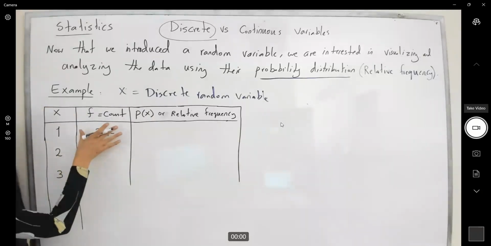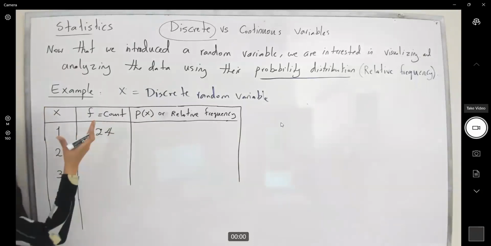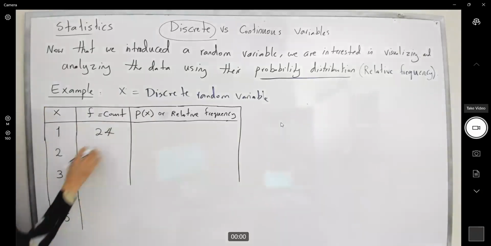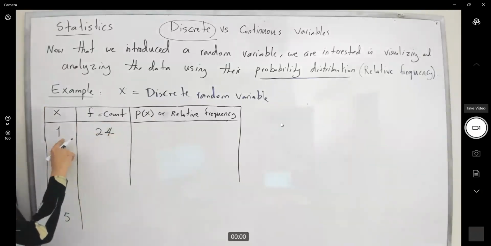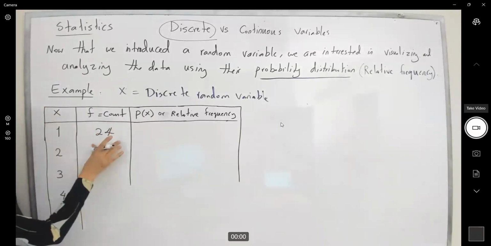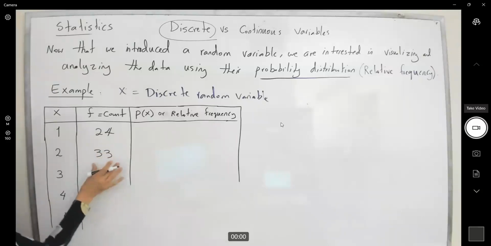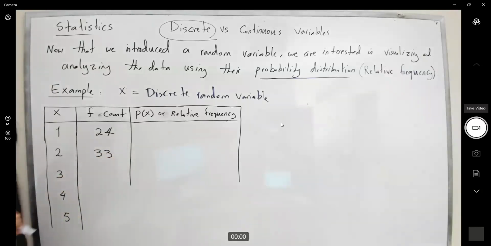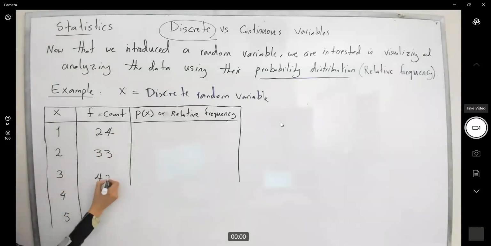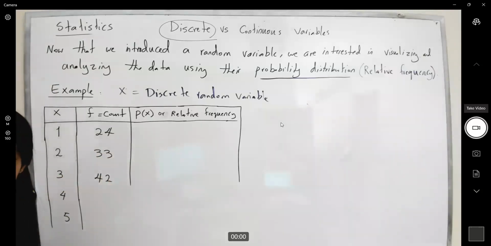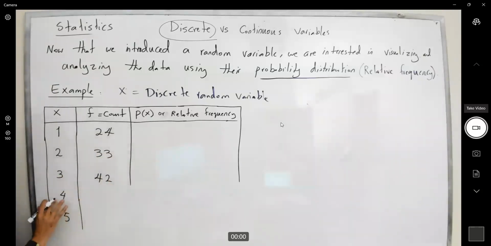Remember that what you need is the frequency. How many data do I have? The frequency of the first class, the first score, is 24. The frequency of the second class, the second score, is 33. The frequency of the third class, the third score, is 42. The frequency of the fourth class, or variable x equals 4, is 30.